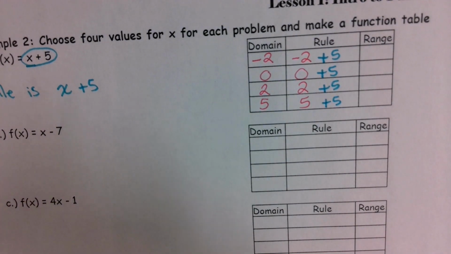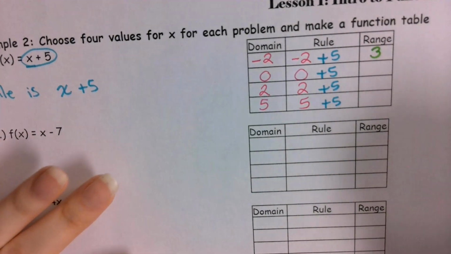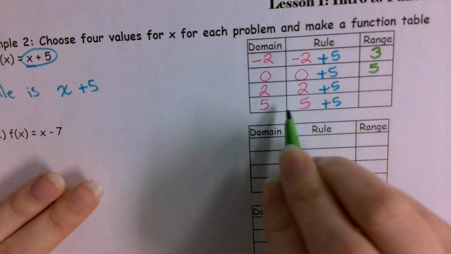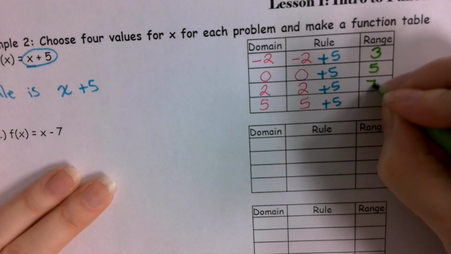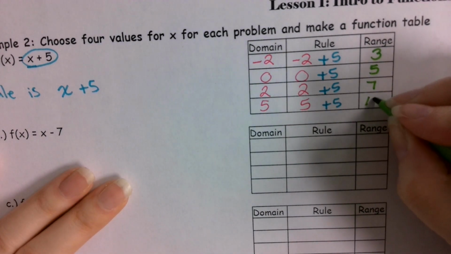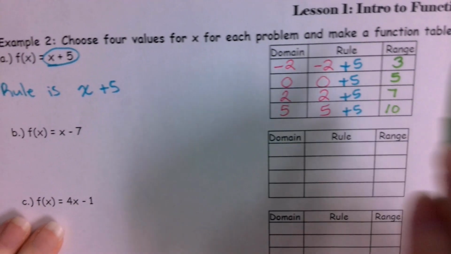Okay, when we fill that out, -2 plus 5 comes out to a +3. 0 plus 5 comes out to a +5. 2 plus 5 comes out to a +7. And 5 plus 5 comes out to a +10. That's our function table.